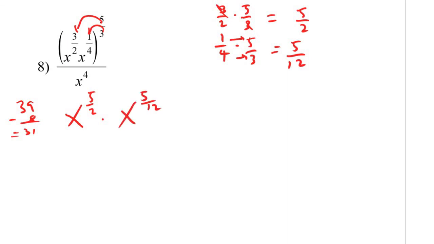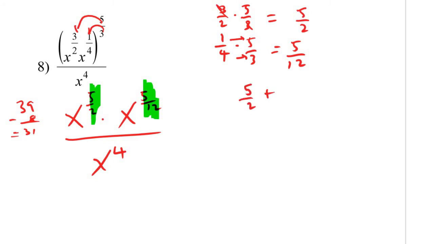5/12, divided by x to the 4th. So what we're going to do is combine these two exponents by adding them together. So we have 5/2 plus 5/12. Make this one 12ths by multiplying by 6.